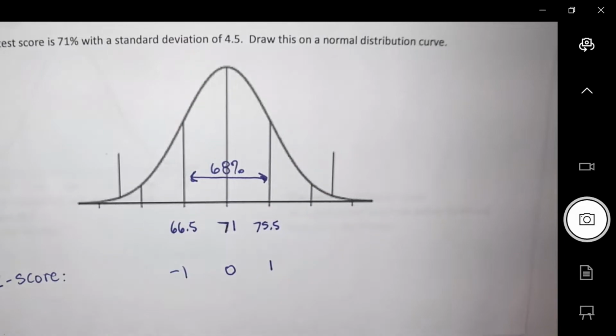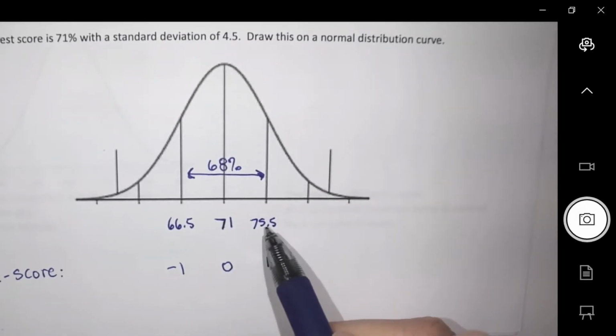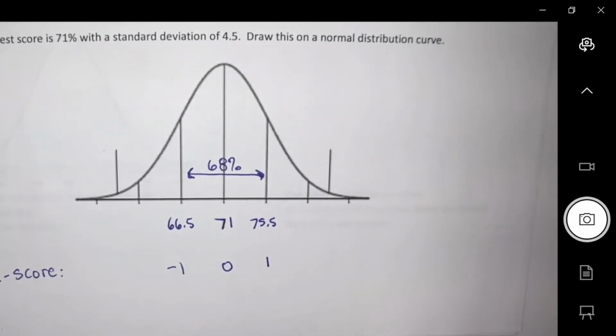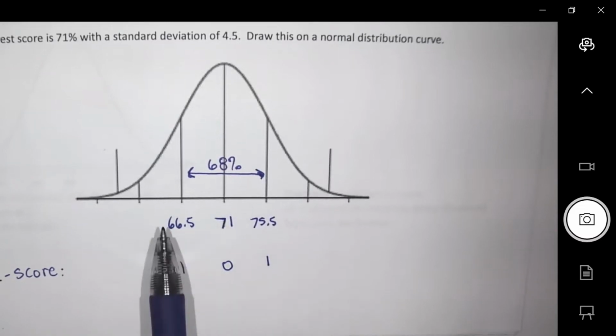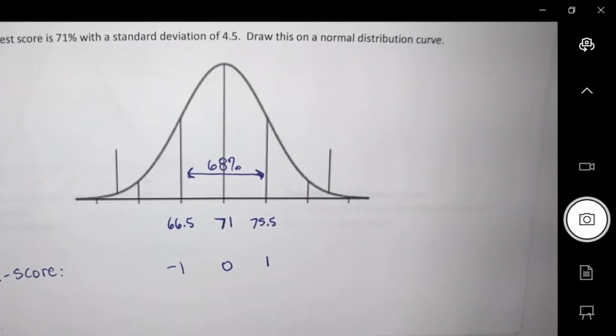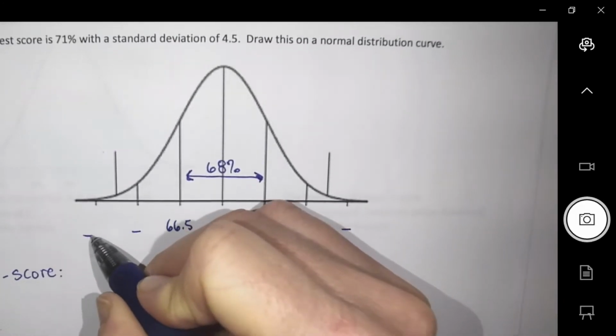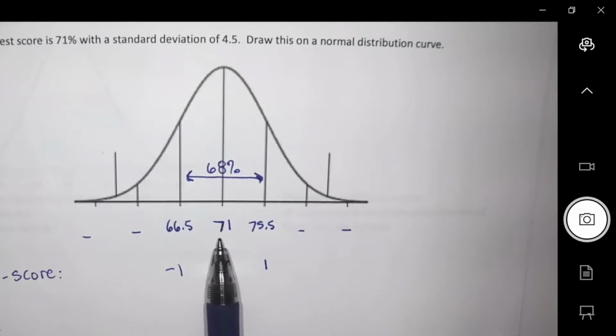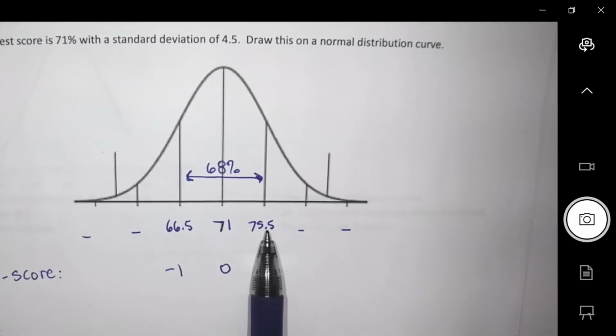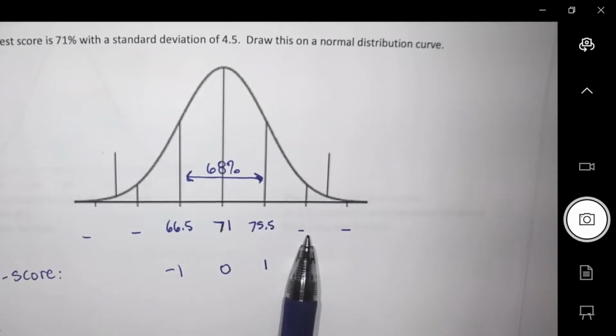The middle is a Z score of 0. If you're one standard deviation above, you have a Z score of 1. If you're one below, you have a Z score of negative 1. Okay, can you get me those values? So go 71 plus 4.5 plus another 4.5.